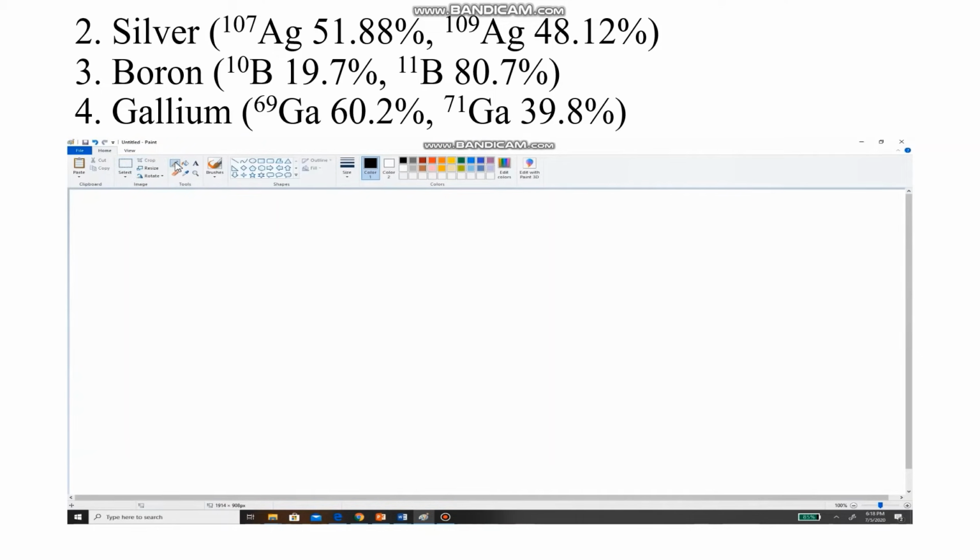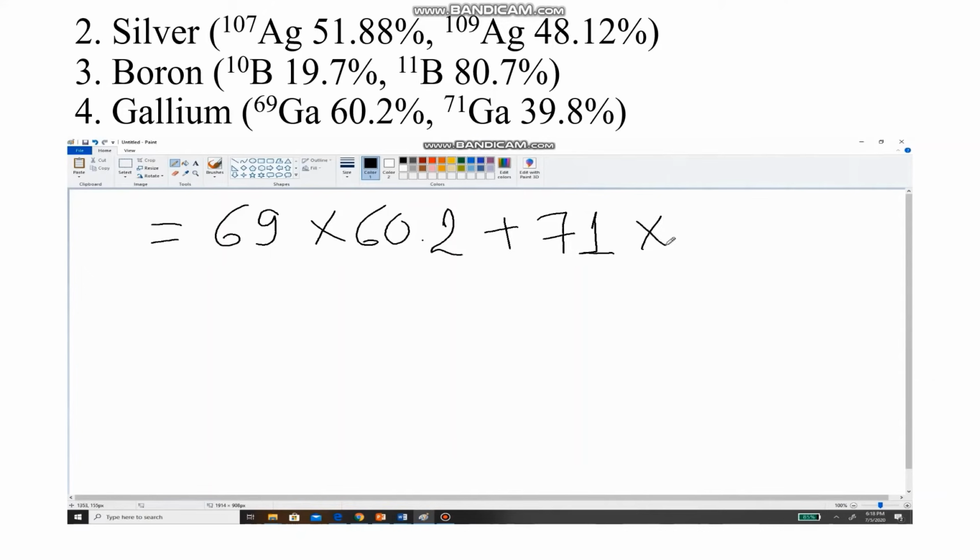So now I am going to solve question number 4, and here I am going to find the relative atomic mass of gallium. And here also we have two isotopes of gallium. One isotope is gallium 69, so it has mass number of 69 and its relative abundance is 60.2. And we have another isotope of gallium and it has mass number of 71 and its relative abundance is 39.8, and by using the formula we need to divide this by 100.